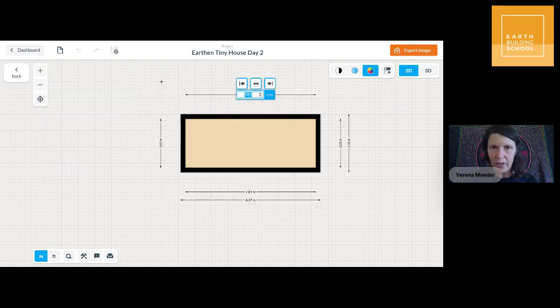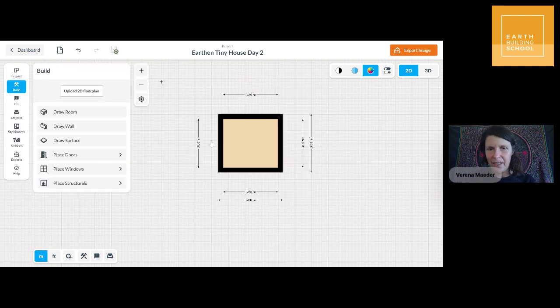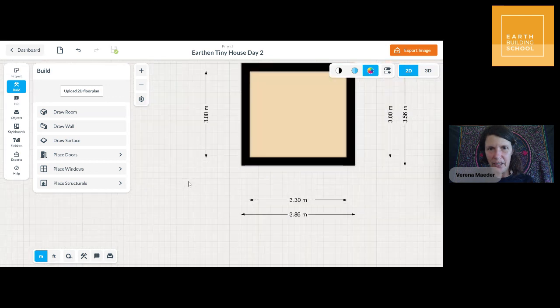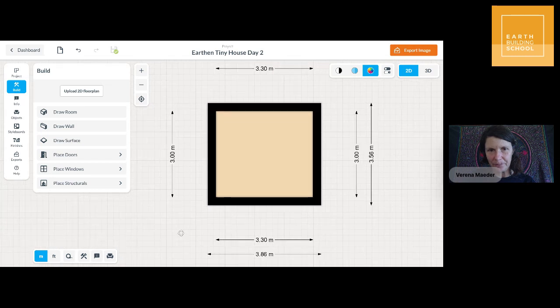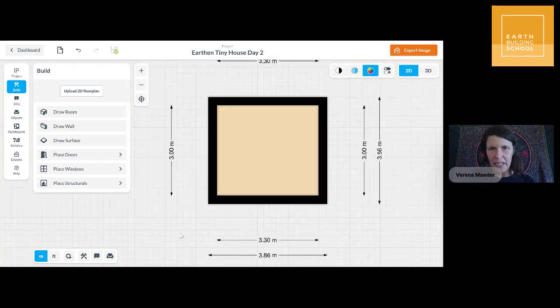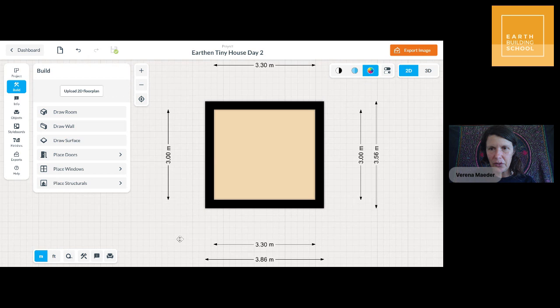Times 330, 3.3 meters. And I'm using these measurements because that's the actual measurements of within the block module. So you can make it a bit bigger so that you see it. And when you're designing, it's good to put the measurements there so that you know what is going on.